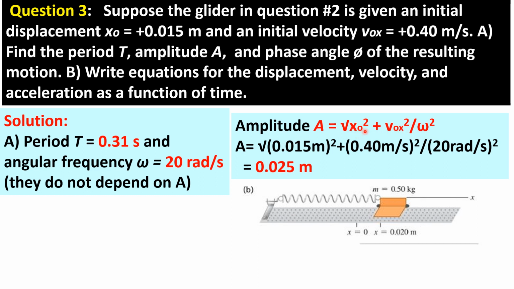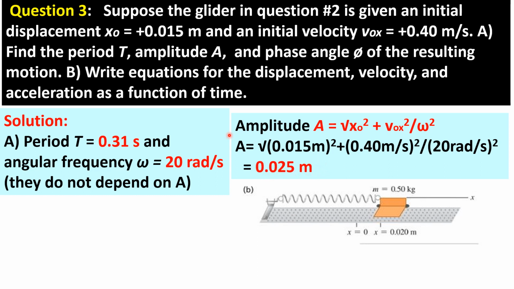Since we already know each of these quantities, we substitute: x naught is 0.015 meter, squared; v naught x is 0.40 meter per second, squared; all divided by the square of the angular frequency omega, 20 rad per second. Doing the math, we get the amplitude equal to 0.025 meters.